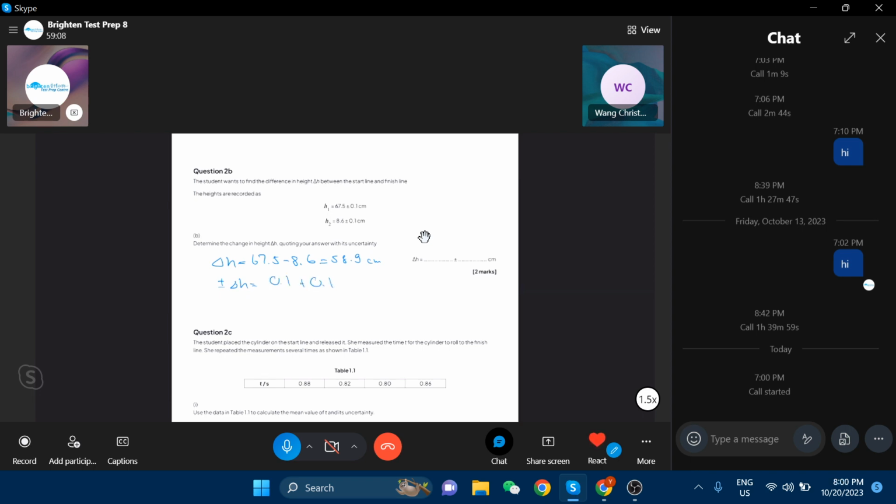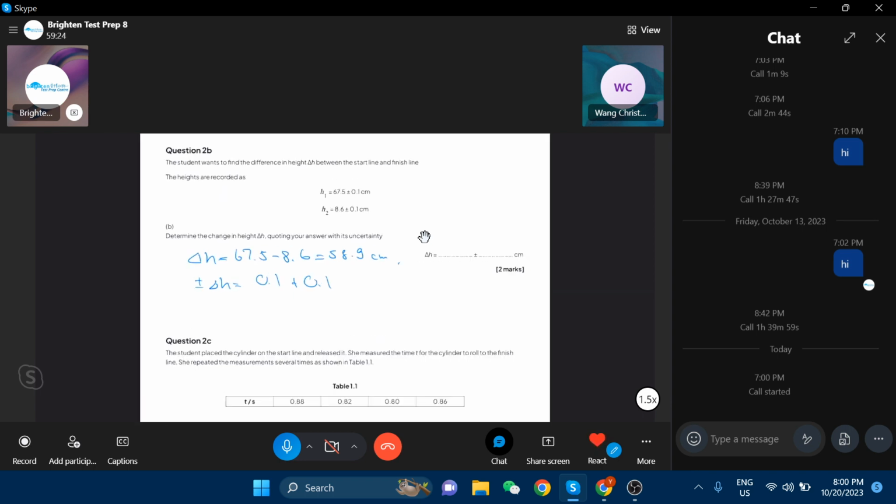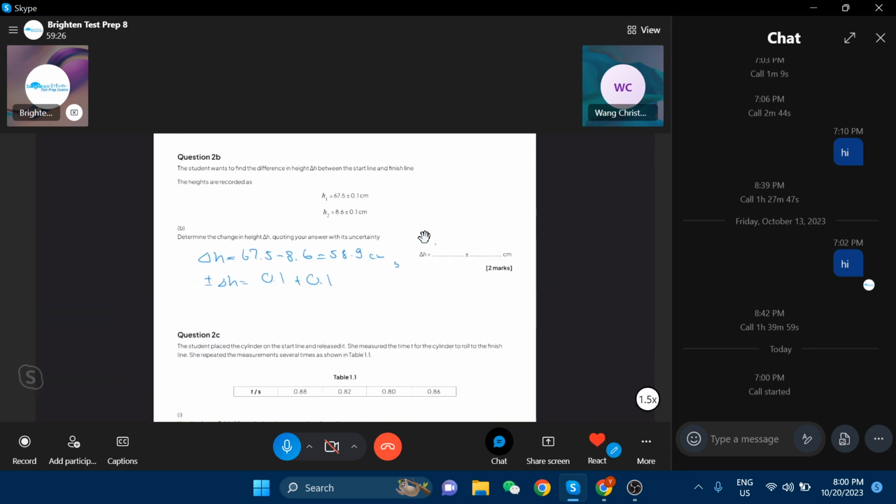The trick is to know that for multiplication and division, it's adding up as well, with the percentage, that's the main difference. Here we go just by the value. So we can say 58.9 plus minus 0.2.